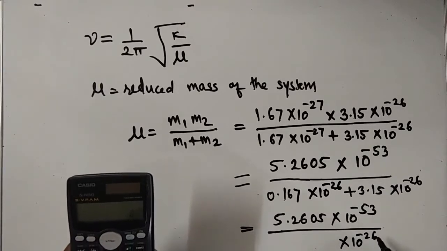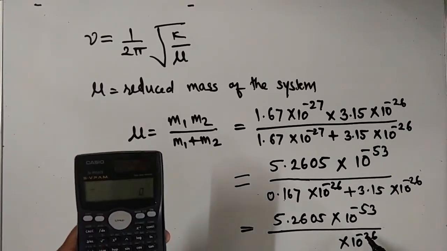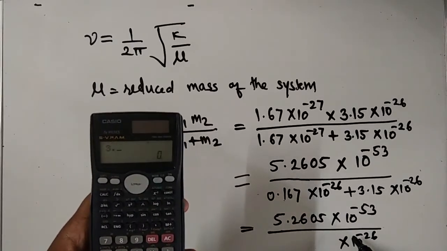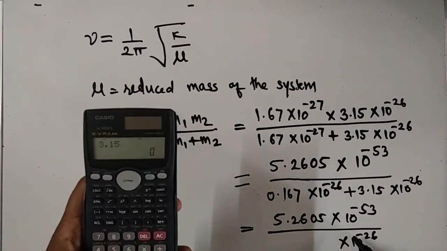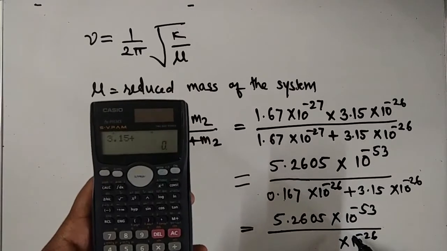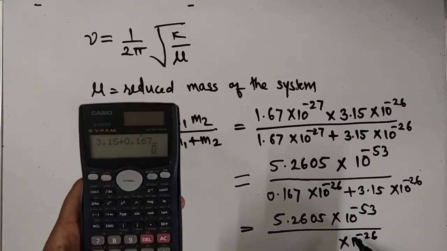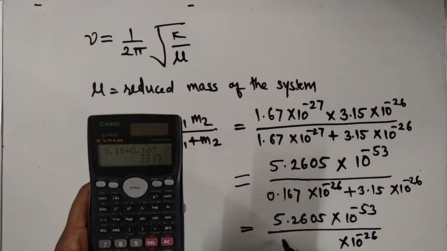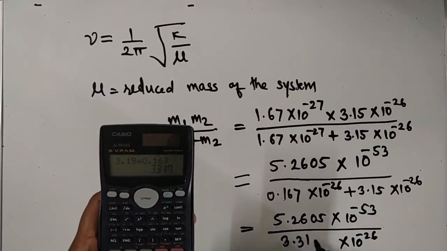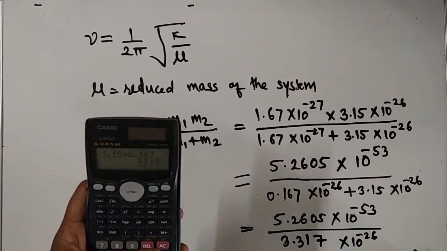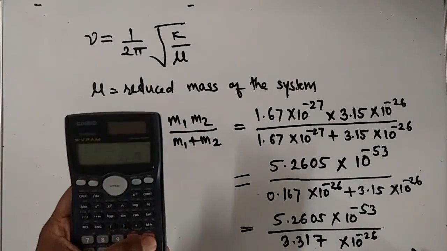So it is 10 raised to minus 26 as it is, and I can directly sum these two terms. The bigger one is 3.15 plus 0.167, right? So that comes out to be 3.317.